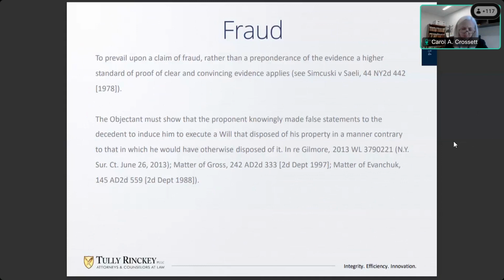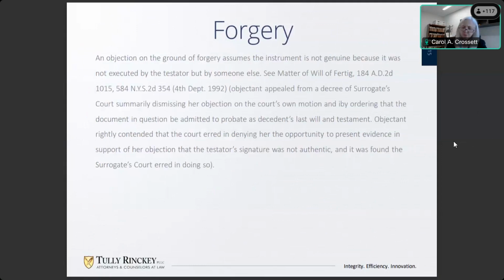Forgery is just saying that the instrument is not genuine because it was not executed by the testator, but someone else. That's difficult to prove, but somebody who would be a family member or somebody close to the decedent who had seen several signatures would be able to raise that objection if they had standing. And I cited to Matter of Will of Fertig, related to an objectant who had appealed from a decree by the surrogate which dismissed her objection.